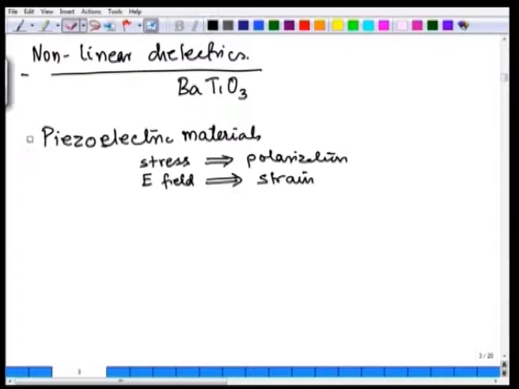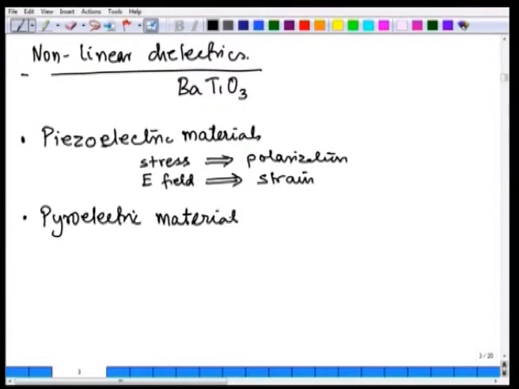Then you can also look at another kind of material, which is called pyroelectric material. In this case, if you apply a temperature gradient, if you change the temperature, you get what is called spontaneous polarization. What does that mean?